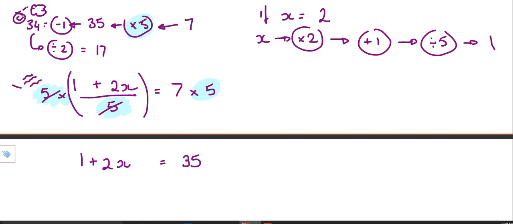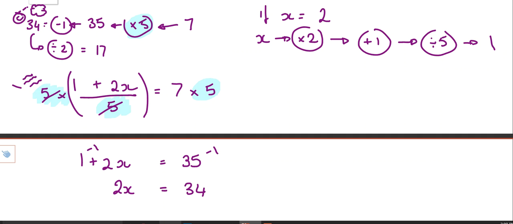What do I do now? So I've got 1 plus 2x. Well, again, I read that as, I have to take x times by 2, then I add 1. So I have to subtract the 1. I'm going to subtract the 1 from both sides, and that leaves me with 2x equals 34.